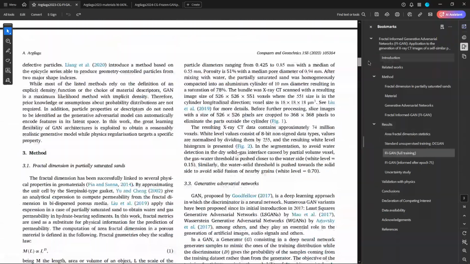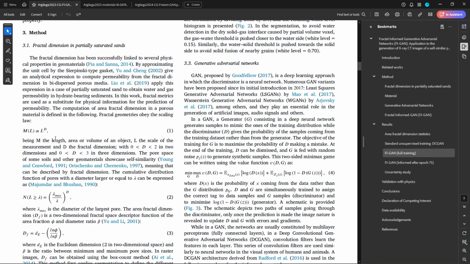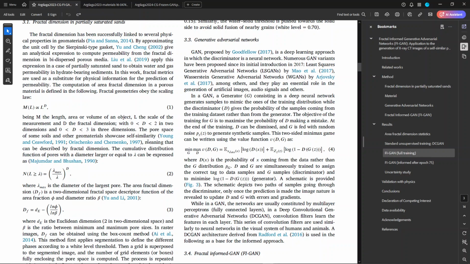Maybe we'll jump back for a second. So I was talking about permeability through porous media, because this is what is of interest for this material for the oil industry to compute well productivity in gas extraction, etc. But you know, if you are an engineer or you study physics or mathematics, that computing permeability from porous media, knowing the granulometry or the geometry of its grains and its saturation, is not easy.